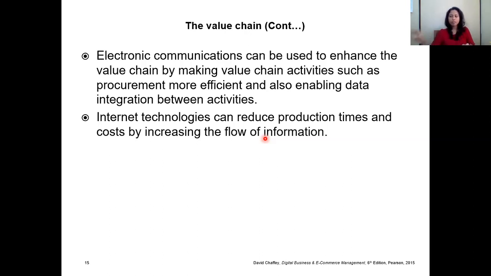When they have that accurate, correct information delivered to them on time, then unnecessary production will not take place, because the organization has an idea about what is the exact demand arising from the market, right? The information is being delivered on time to the organization, so they will produce only what is necessary.